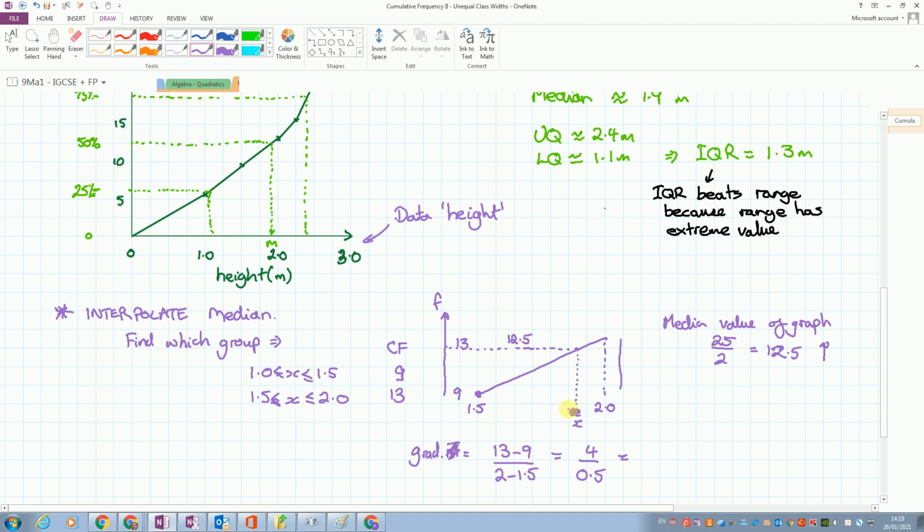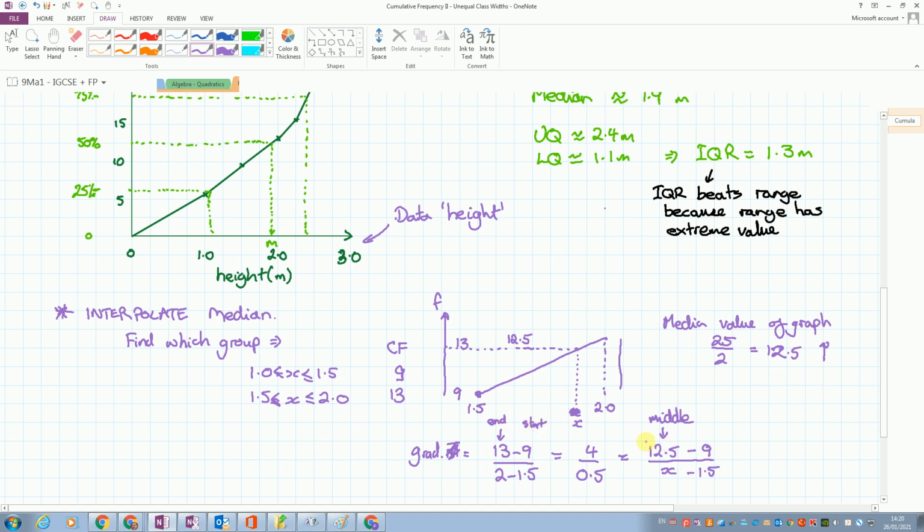So I can actually do the same thing for the gradient. I know the y value is at 12.5, the middle point. My starting point for this group was 9. And my calculated point for this position x, minus the 1.5 it started at. So we're using the same formula. This was end minus start.